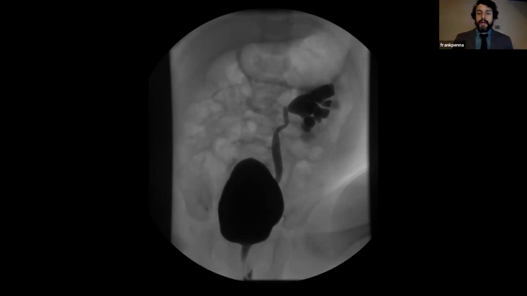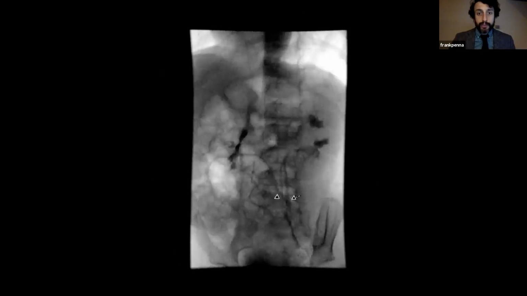We call this a drooping lily sign. It's almost like a drooping flower, because you can't see the upper pole of that kidney because it's non-refluxing. So you only see the refluxing portion. If this kid had no reflux, you would only see the bladder filling with the contrast and no reflux up into that ureter or that kidney. Just another example of how we diagnose these things.